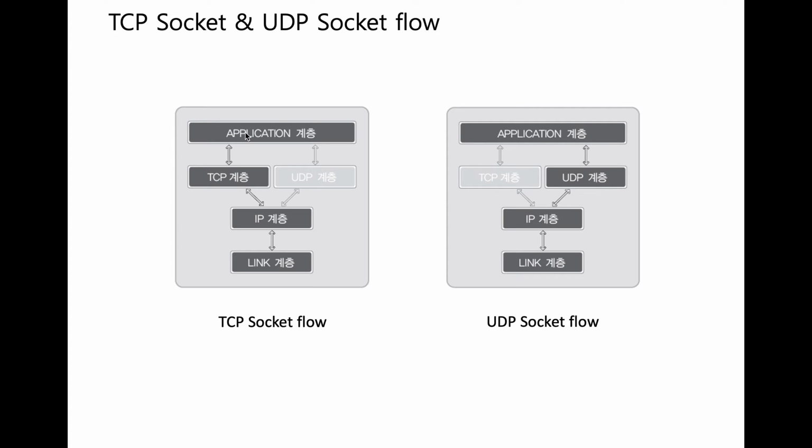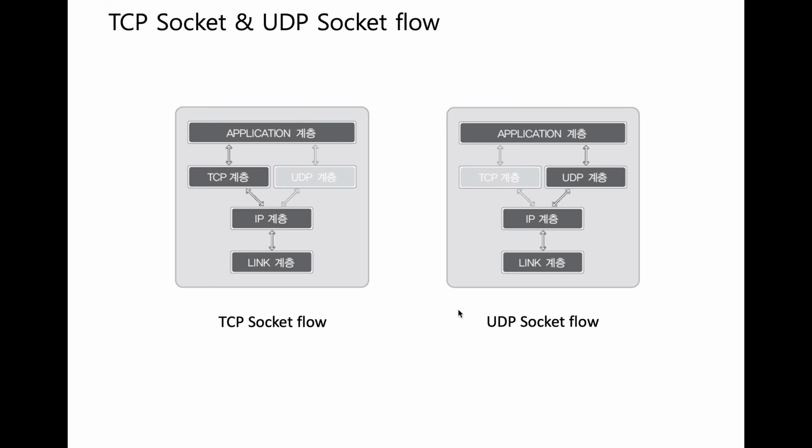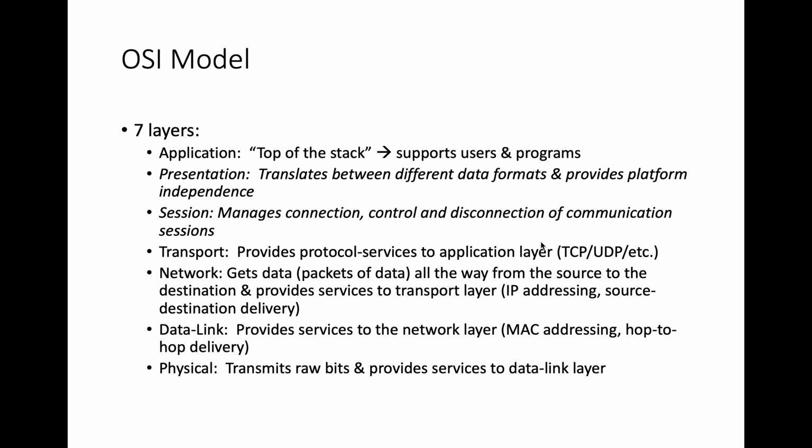Your application will pick TCP on the transport layer, I apologize, and then it will follow to the IP on the network layer and provide your packet to the link layer, and so on. And if you pick UDP, then your message will go from the application through UDP and IP and so on.